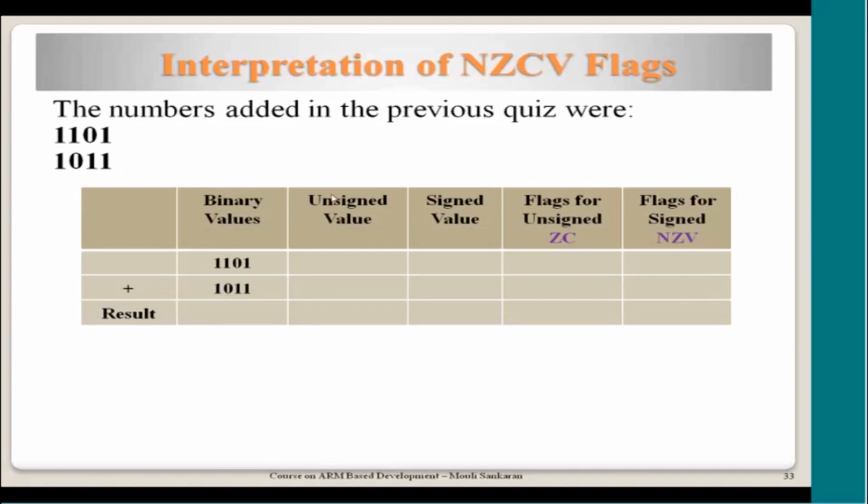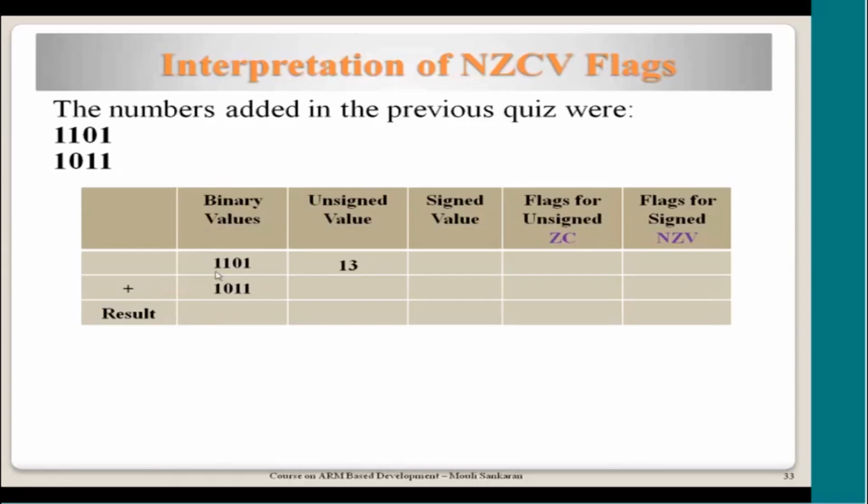Now I want you to fill in these values for each of these. If it is unsigned, it will correspond to 13, because you consider this to be 8 plus 4 plus 1. But if it is a signed value, how do you convert it? Is it a negative number or a positive number?